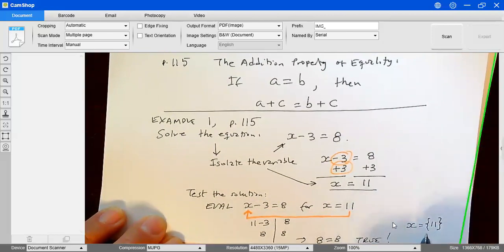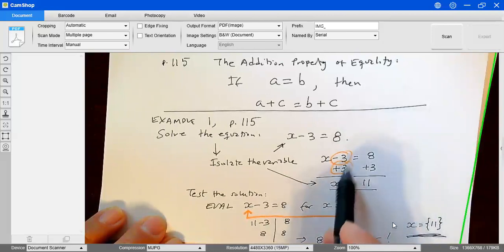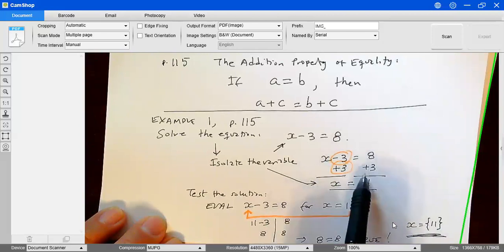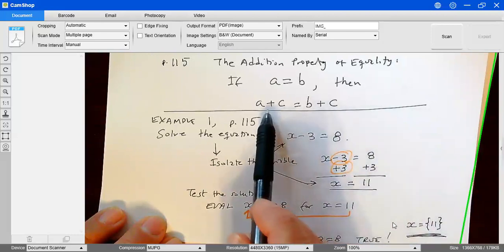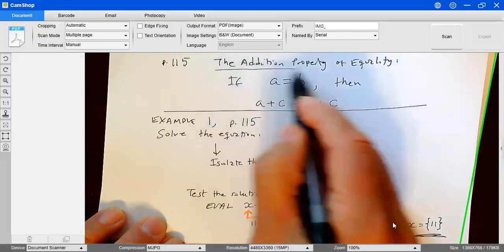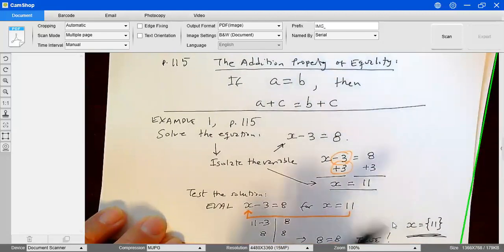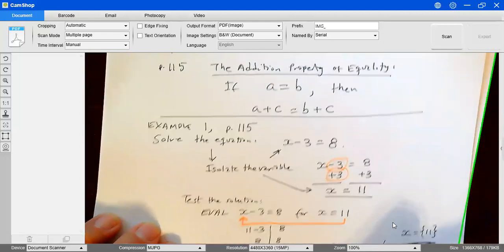We're going to use set notation to indicate the solution. So x equals curly braces 11, and that's the final answer. You could see here that when we added a number on the left-hand side, we also did it on the right-hand side, and this is the most common way to do it. The way the addition property is written is not similar to the way we use to apply that property.